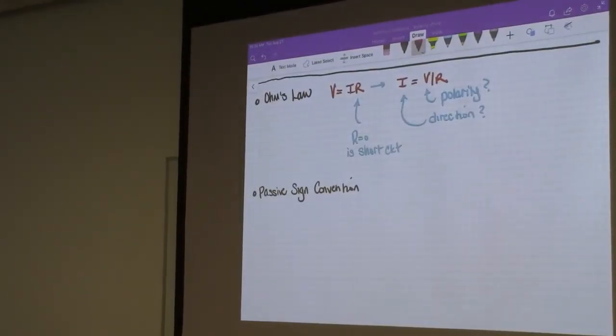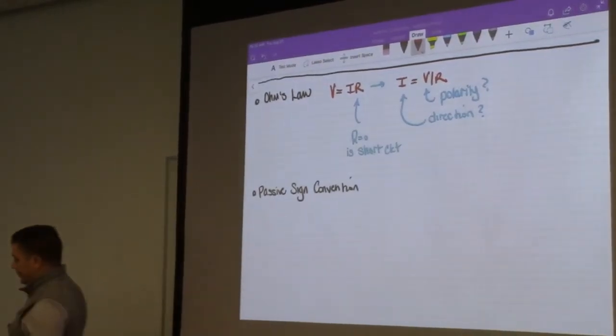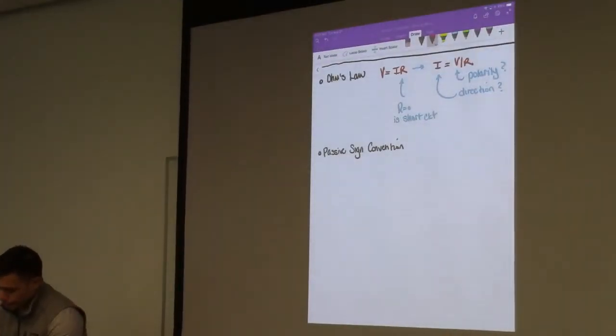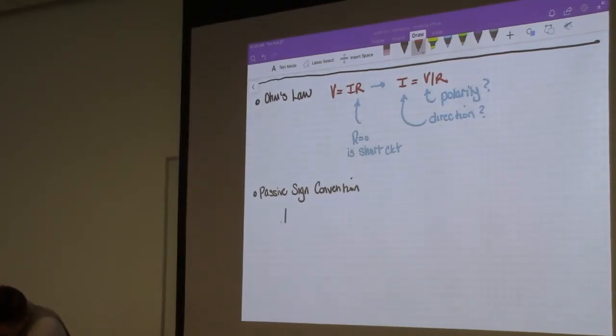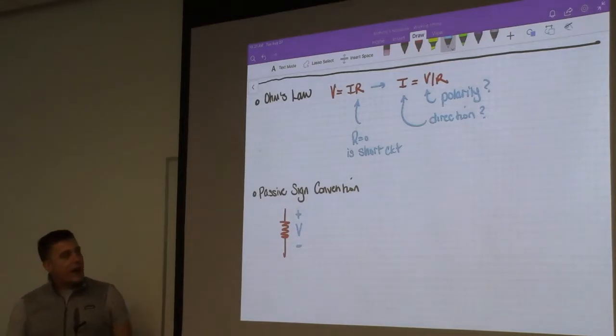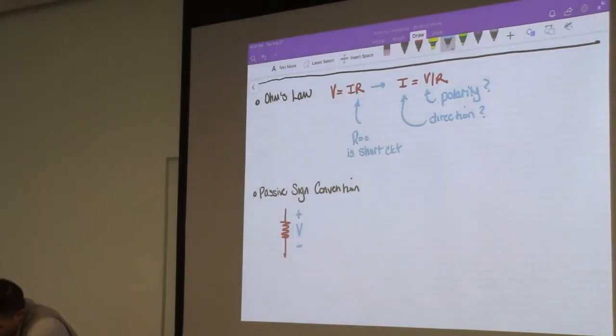So if we take a component, I'm going to use a resistor just for demonstration, but it doesn't have to be a resistor. If we have a resistor, and we say that the voltage looks like that, positive, then negative, the passive sign convention tells us that the current will flow in that direction.